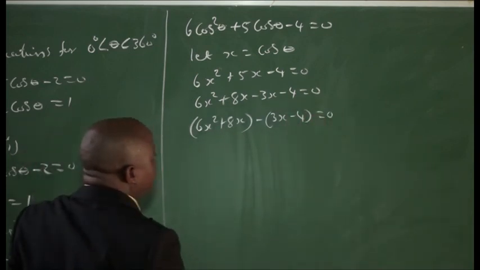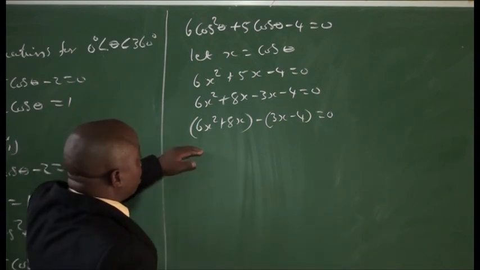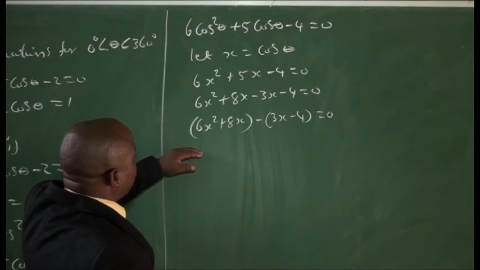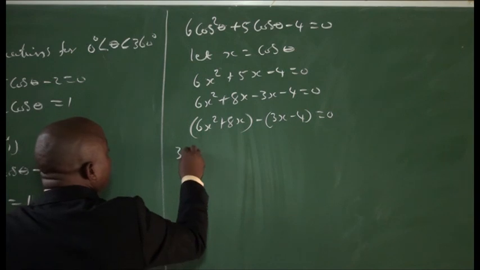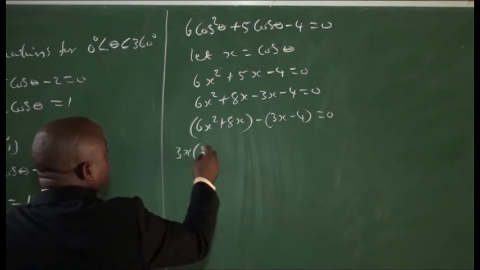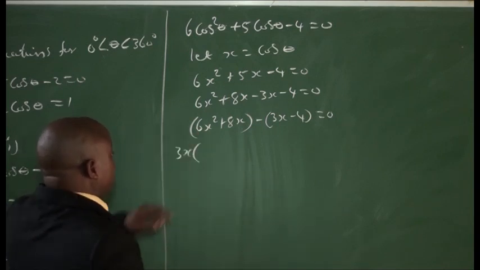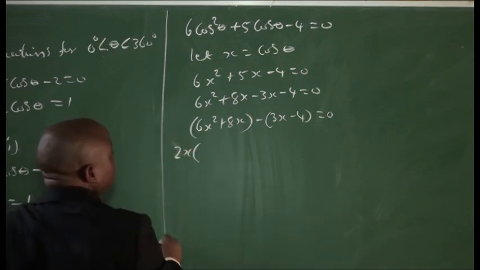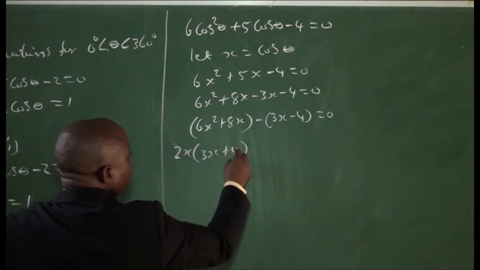Here, what is common is 2x. So 2x is common, then here will give me 3x plus 4.